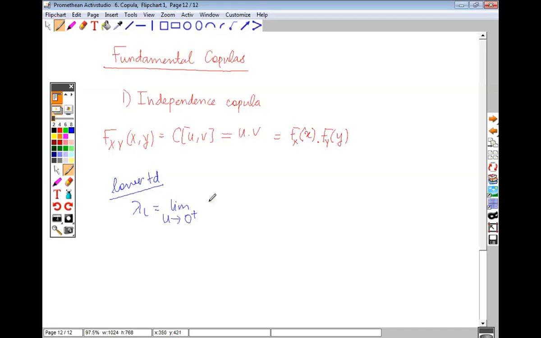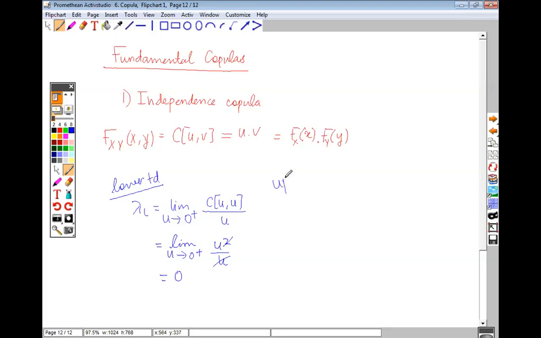So we had C of U comma U upon U. Now what will happen in this case is, I'll have the limit U going to 0 plus, C of U comma U is just U square upon U, which will get cancelled, and what I'll be left with is 0 at the end, because if my U goes to 0 and I only have U in the limit, it's always going to be 0. I guess that was it about the lower tail dependence.